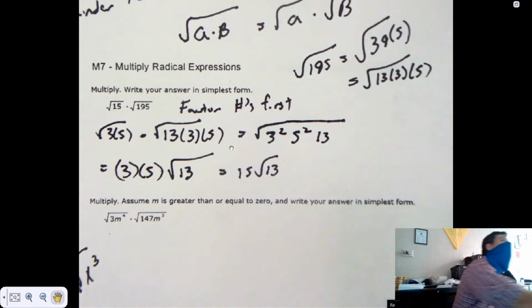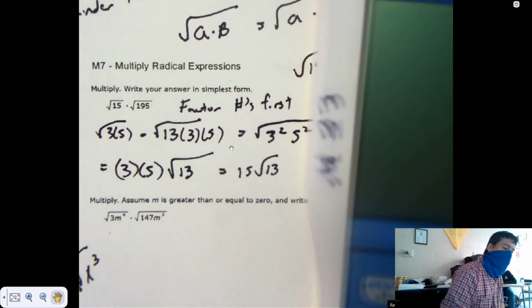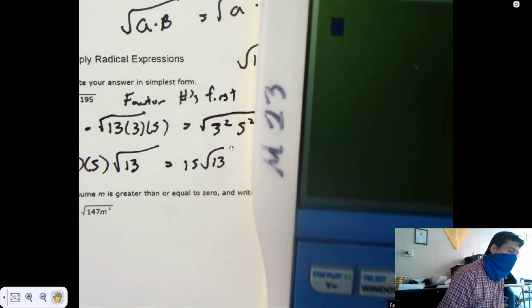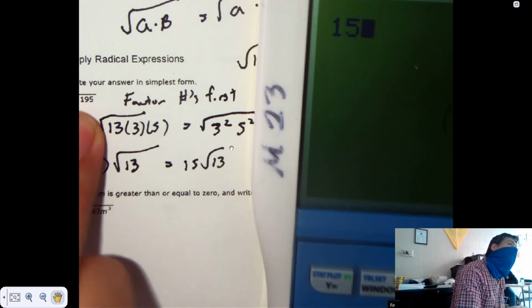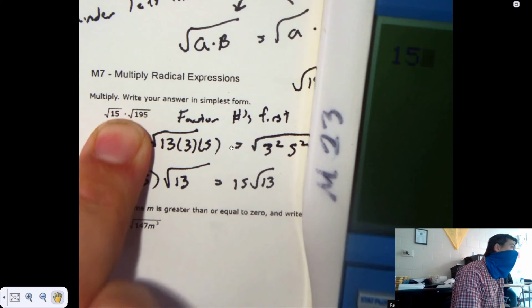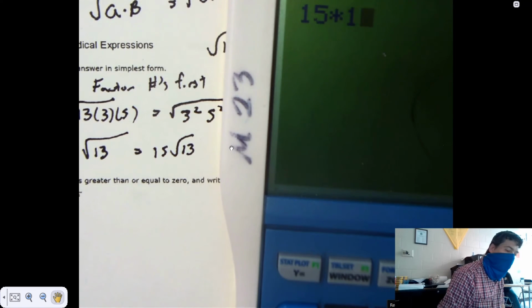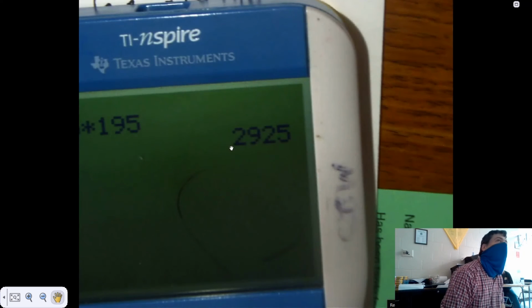Now, the reason I'm doing this is because the alternative for most people would have been to go to your calculator, and you know full well, if you made it through Algebra 2, that if you thought you could type stuff like this in and get a result on your calculator, you didn't pay a lick of attention in class, ever. But most kids would figure out what 15 times 195 is, and they get that big old number.